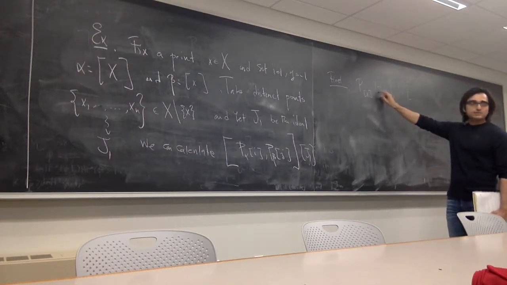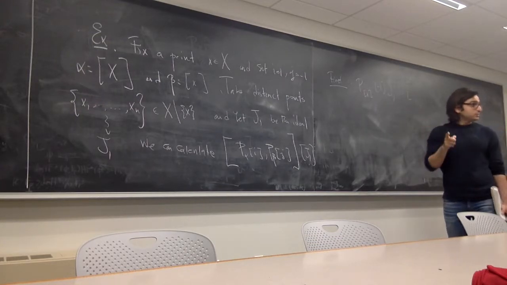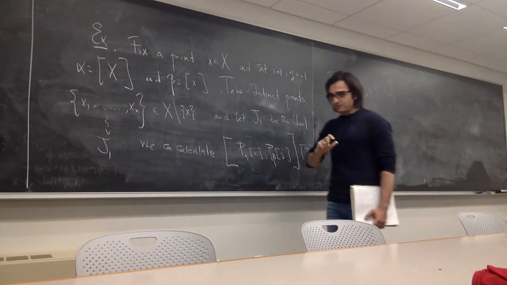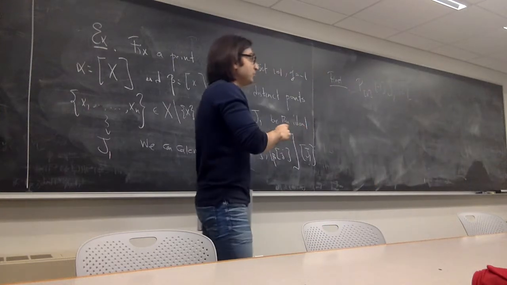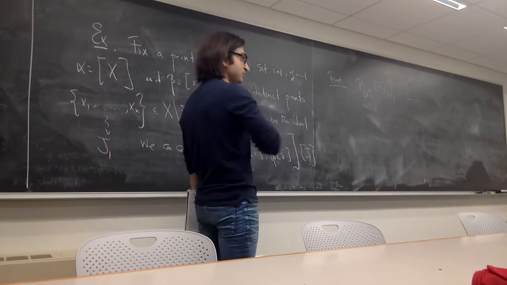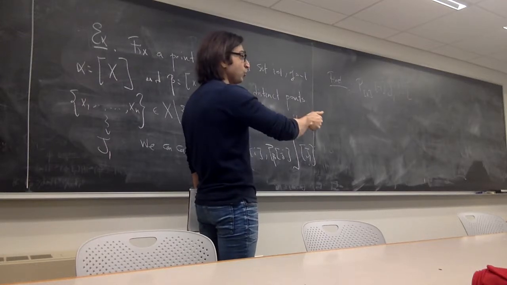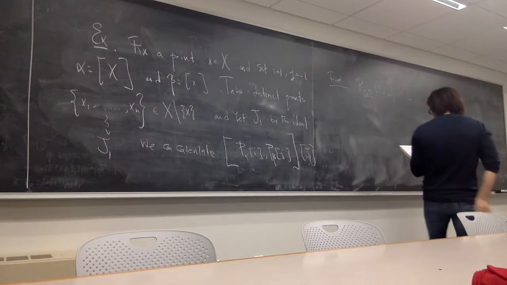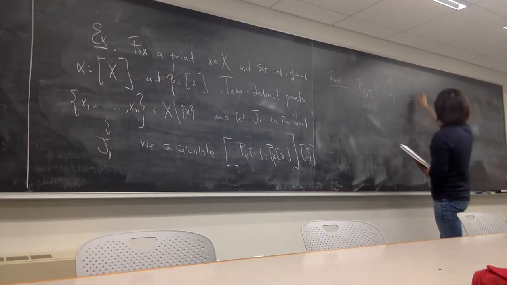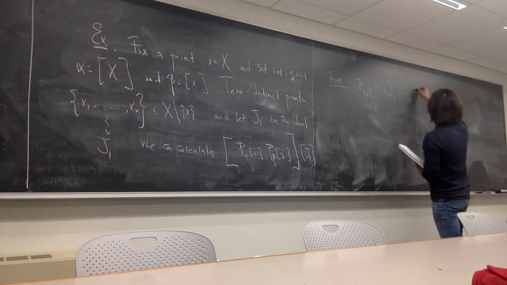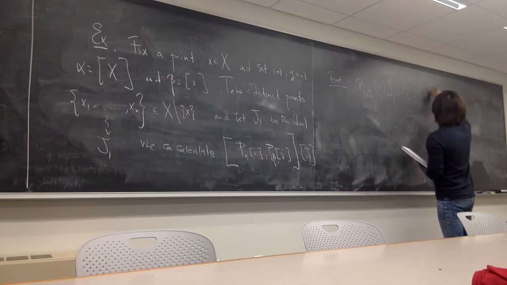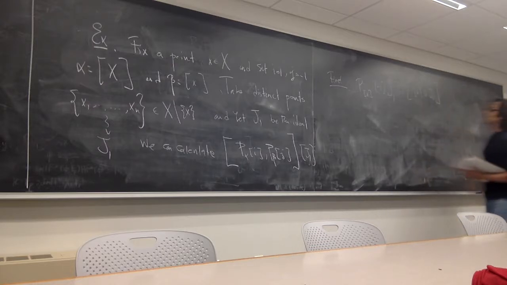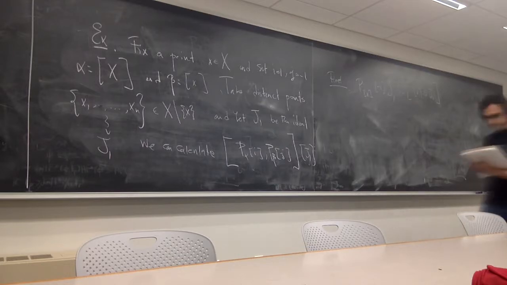It's the operator that sends you from the Hilbert scheme of n points to the Hilbert scheme of n plus 1 points, such that the co-support lives on the variety given by x. This is the class of x, little x, added with the union of J1.